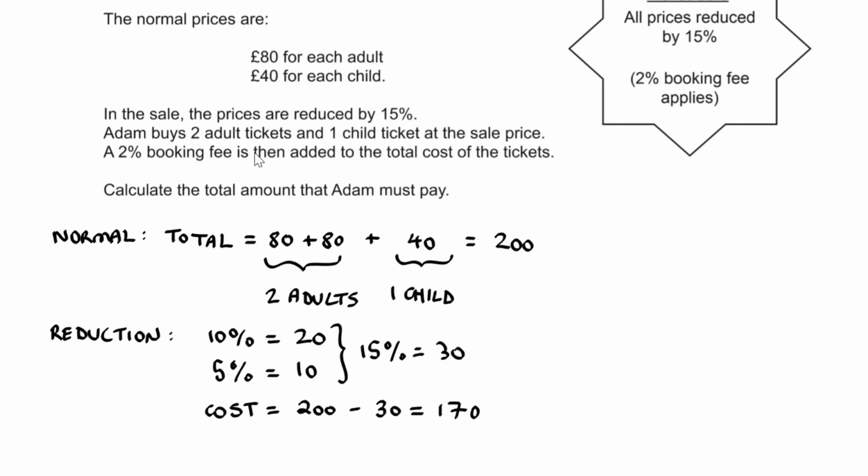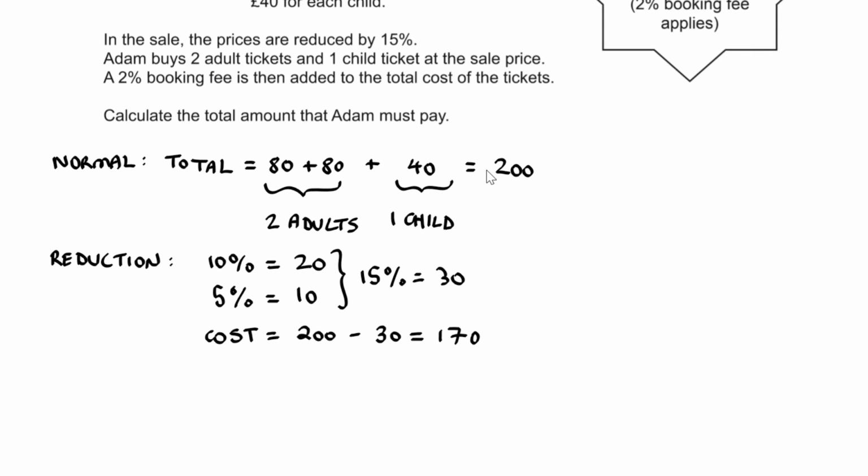And then a 2% booking fee is then added to the total cost of the tickets. So with the booking fee, we need to add on 2% onto this amount here.